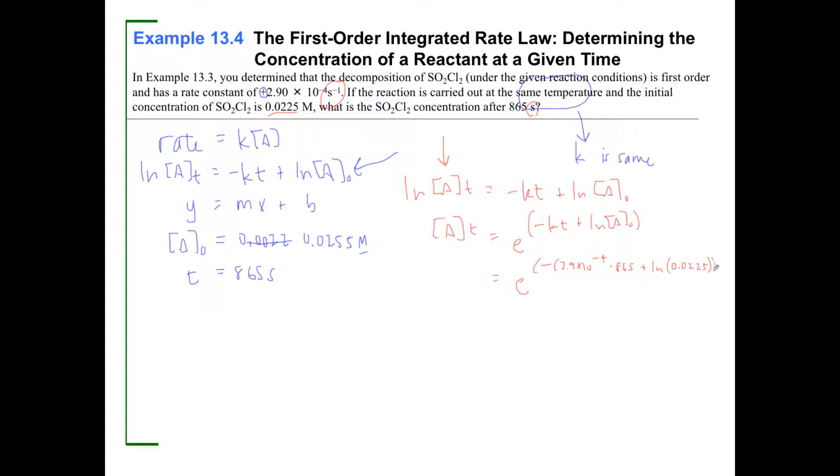My handwriting's neater in this, isn't it? You can see it. Okay, so this is e. And I'm going to go ahead and solve this one step at a time. 2.9 times 10 to the negative 4. Just a minute here. 2.9 times 10 to the minus 4 times 865 equals 0.25085.